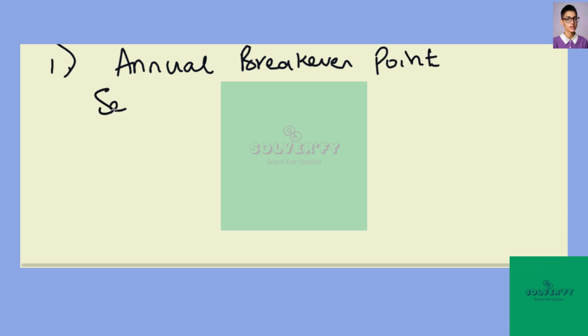So we have the annual break-even point. First of all, the selling price per unit, SP per unit, is $30 from the table.